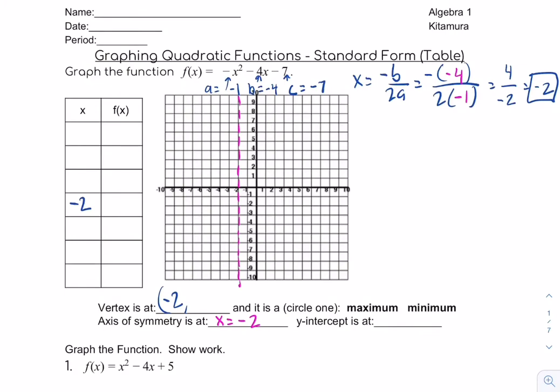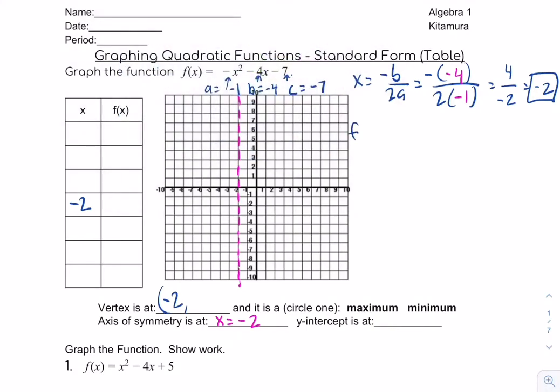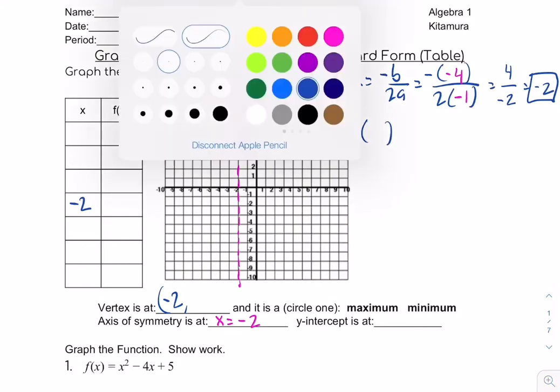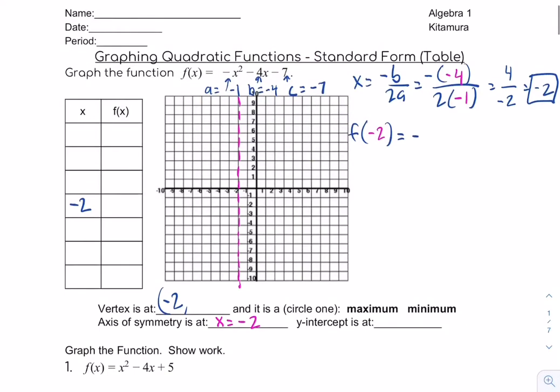And then we're going to see what our vertex is, the y value. So we're going to substitute that in there. So we get f of negative 2 equals negative parentheses squared minus 4 parentheses minus 7. And then we're going to substitute negative 2 for all those parentheses for x's.